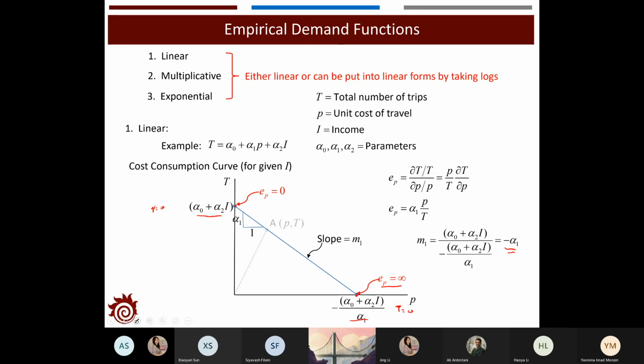You can also check the slope of the line connecting the origin to any point on the line.